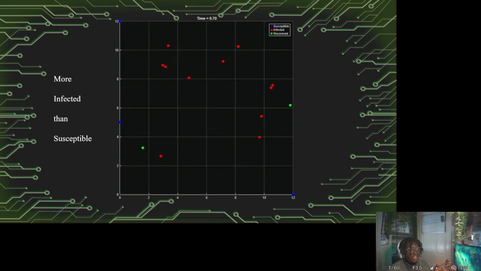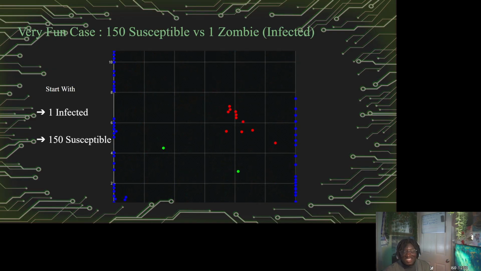So in this next scenario, I wanted to have a little bit of fun, right? So I had 1 infected versus 150 susceptible, and you can see it's very chaotic, right? Because there's so many susceptible individuals, the infected can rapidly reproduce, and then they just quickly catch up to the rest of them.